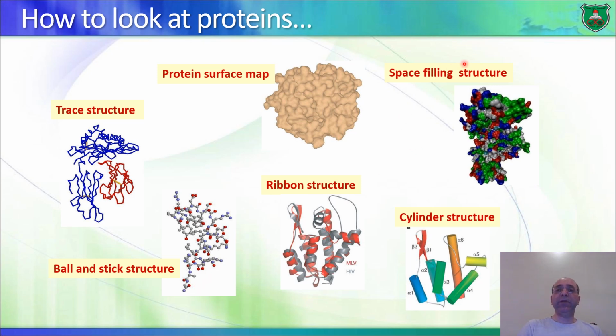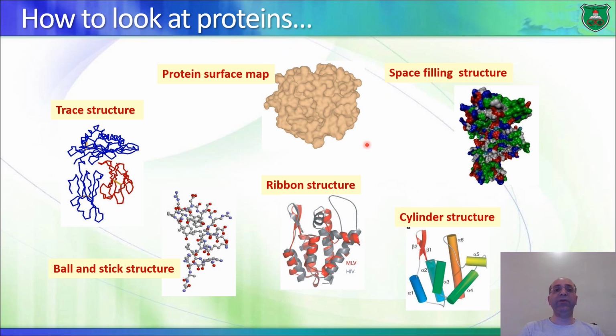You can have something more complex that looks like this, a space-filling structure. Now here the balls are larger, okay, and you cannot see the backbone. Here with the ball and stick structure, you see the backbone, but with the space-filling structure, you don't see the backbone.